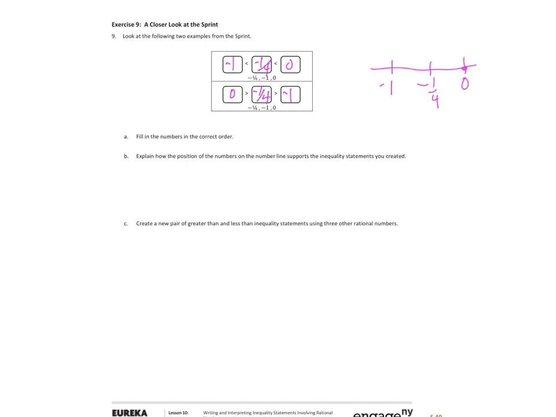Explain how the position of the numbers on the number line supports the inequality statements that you created. Well, the -1 is the farthest left on the number line. So it has the least value.